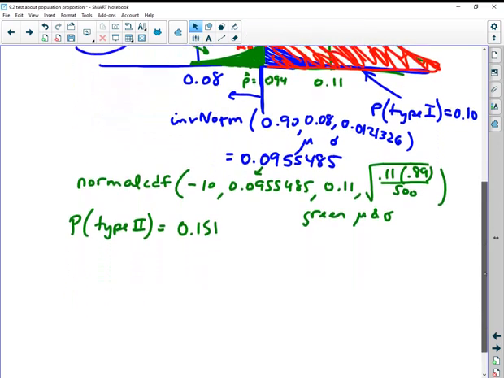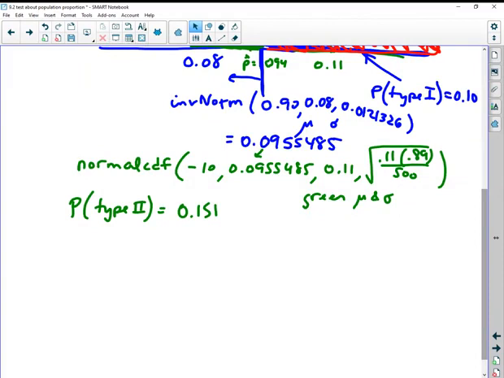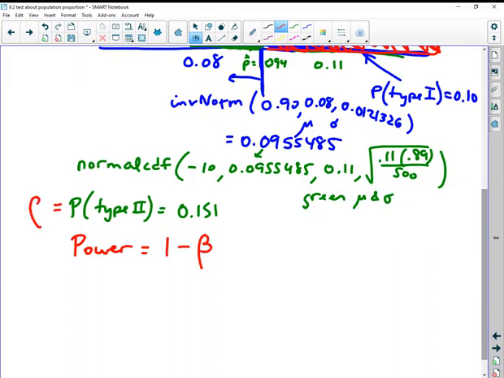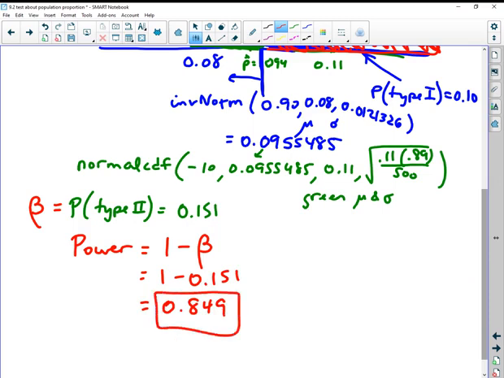That's my power, and there's a relationship. It's 1 minus beta. Remember, this is beta right here, our probability of our type 2 error. So 1 minus 0.151 is my power of having caught a load that they tried to sneak in on me, 11% bad, blemished potatoes. That's my power of catching them.